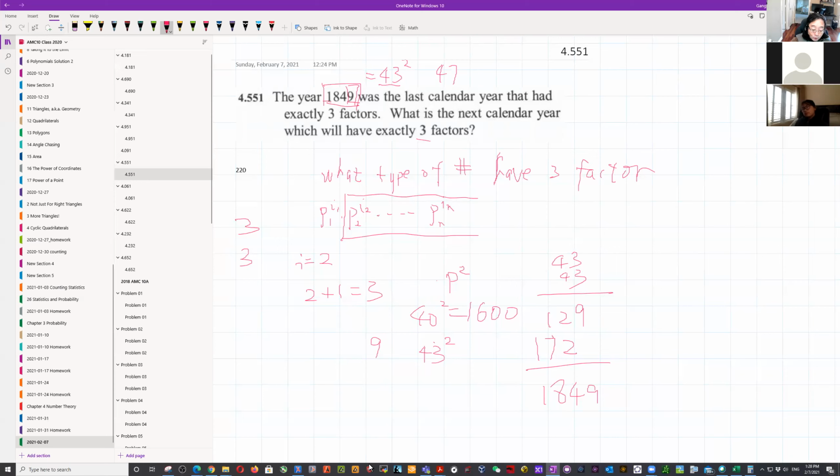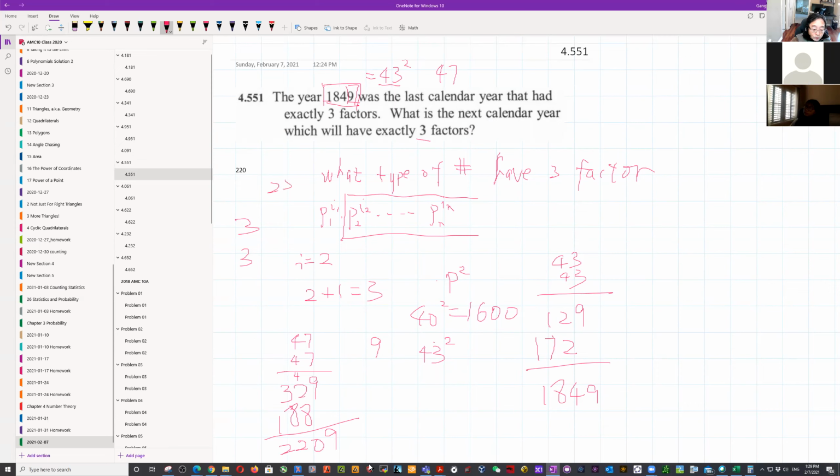And 47 squared, let's just calculate it.